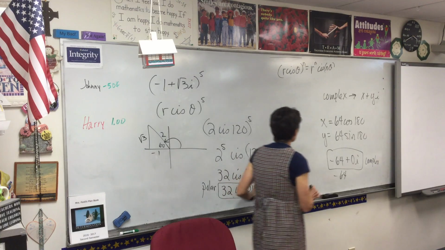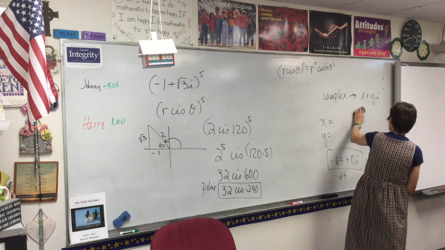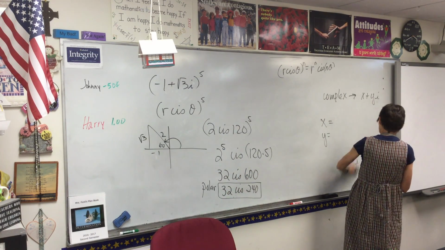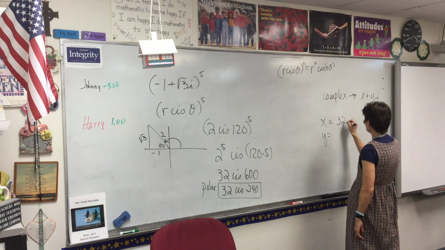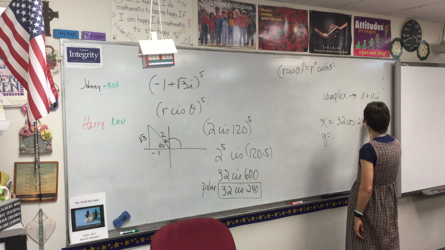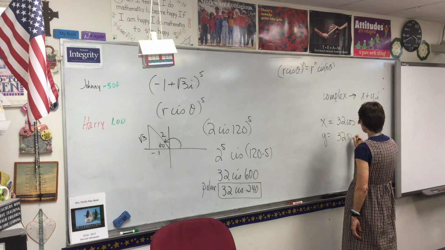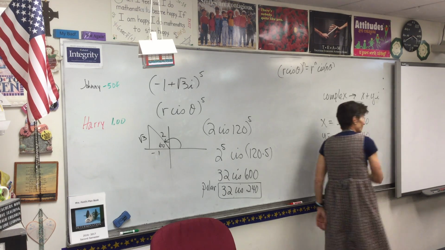So now to find the rectangular or the complex form, we'll take 32 cosine 240 and 32 sine 240. You with me on that?